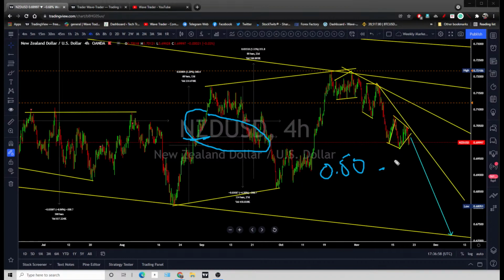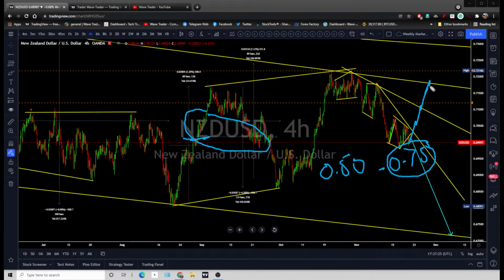If in case we are going to see that, then this is going to be a sell opportunity on the New Zealand dollar. You may go for a short-term buy, all right, but again, this is going to be a longer-term sideways market and sell opportunity.